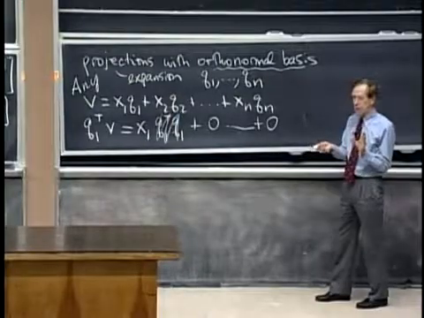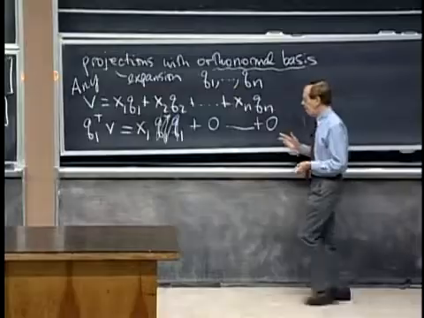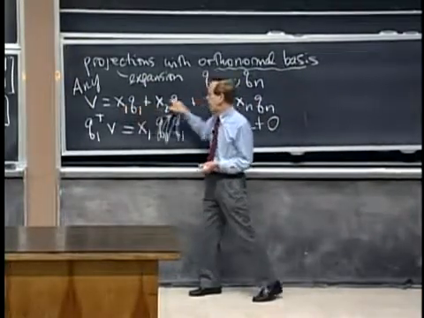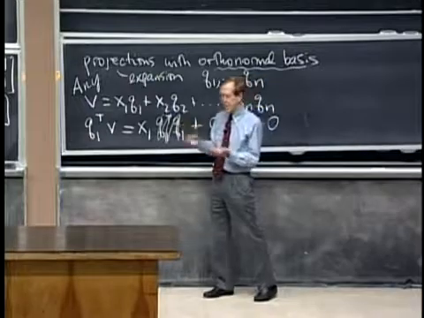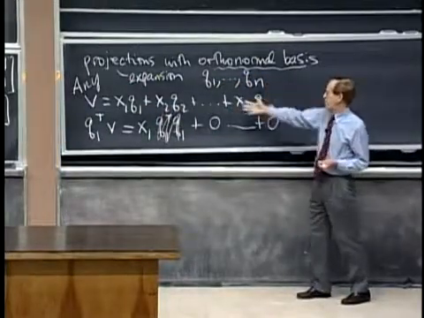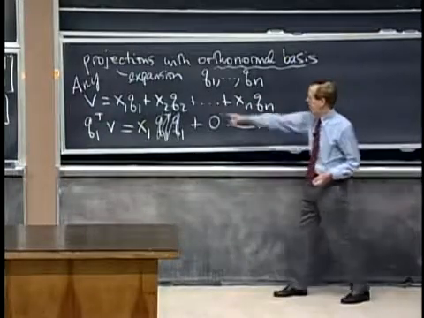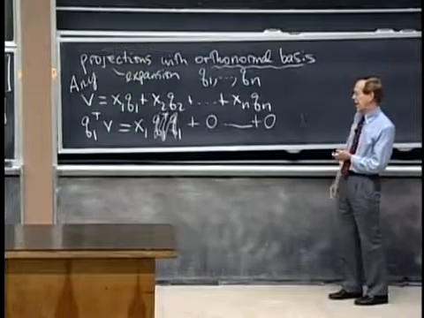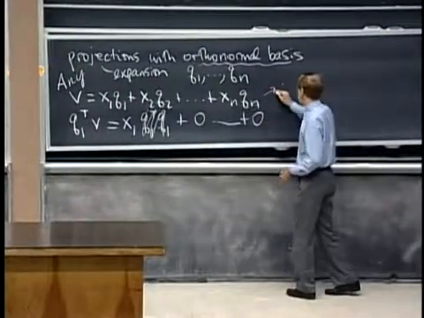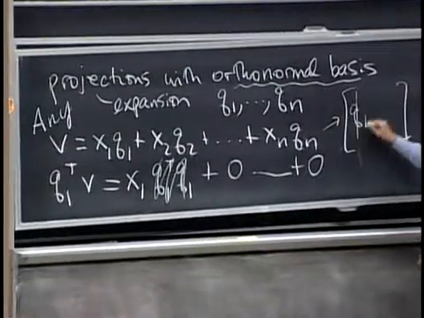So you see what I'm saying is that if I have an orthonormal basis, then the coefficient that I need for each basis vector is a cinch to find. Let me just put this into matrix language too, so you see it there also. If I write that first equation in matrix language, what is it?